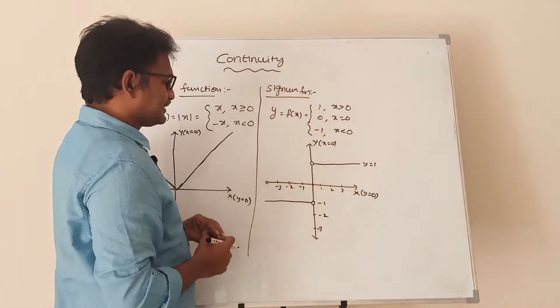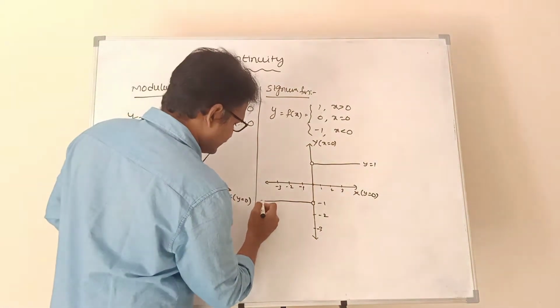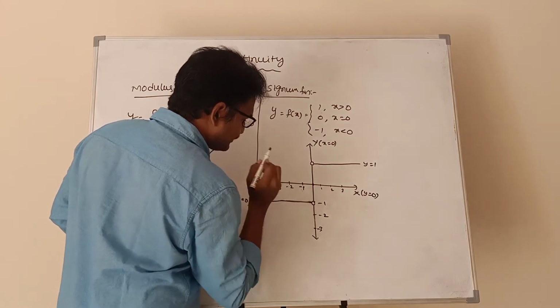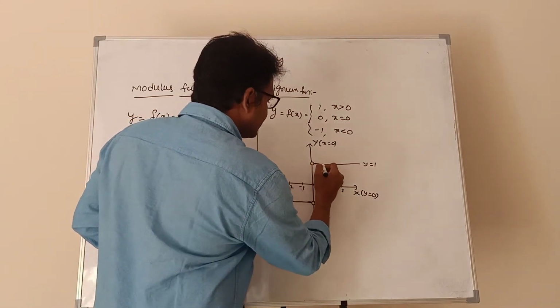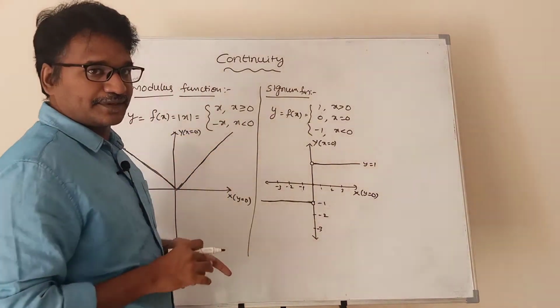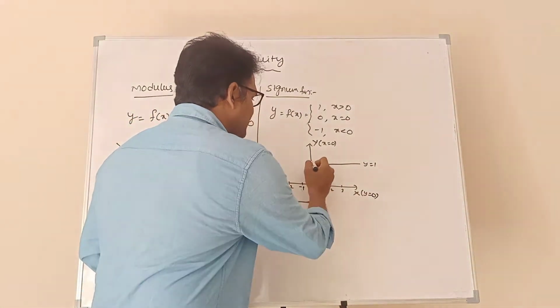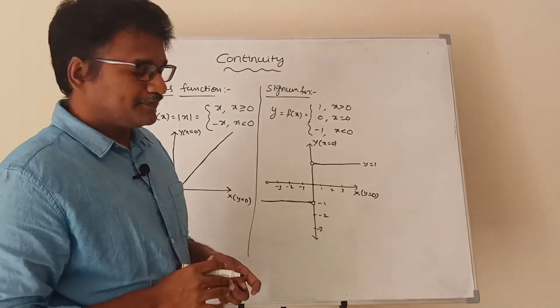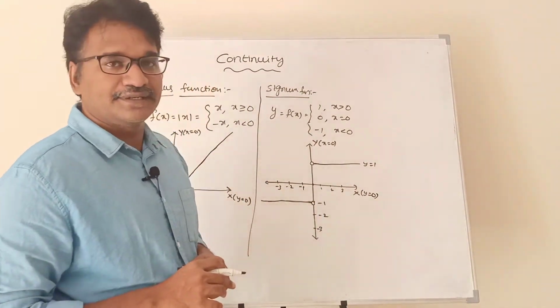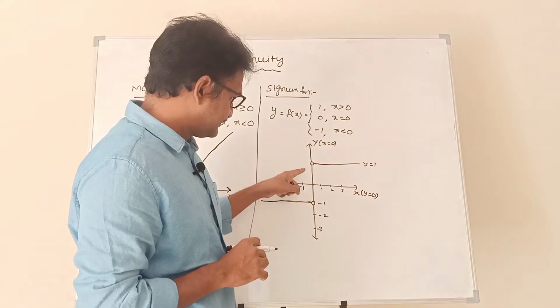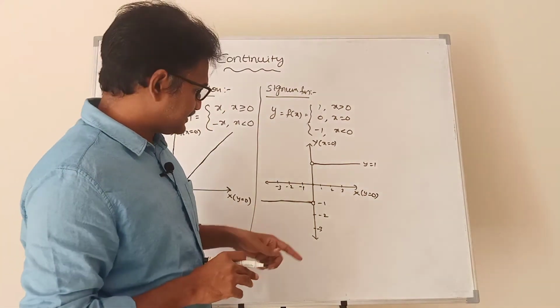If you observe this graph, on the left side of the y axis no need to lift the pen, on the right side of the y axis no need to lift the pen, but on the y axis you need to lift the pen. Therefore this graph is a discontinuous graph, or a discontinuous function, on the y axis.